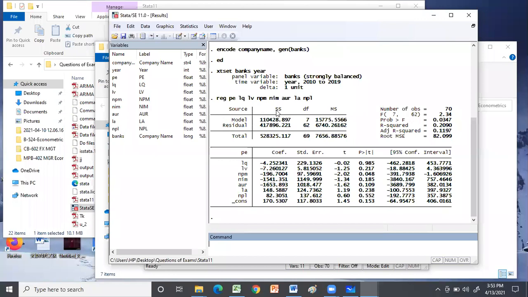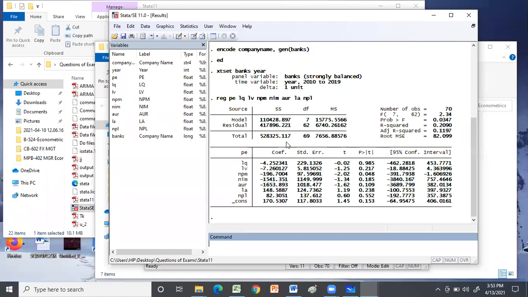That is the sum of squares due to the explanatory variables included in the model, and the sum of squares due to the residual, and this is the total sum of squares. It was already explained in the earlier chapter, so I'm not going to explain them. I think you can do this by yourself, right?